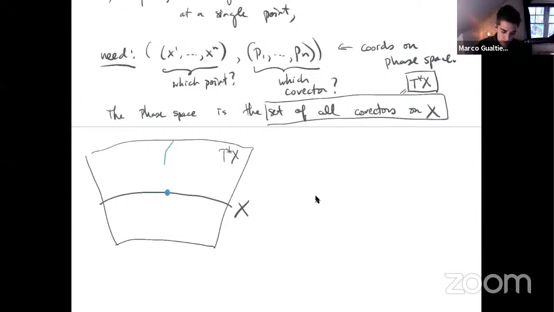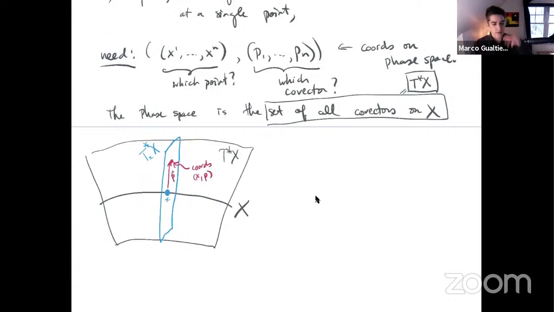And then for that point, there's a whole tangent space, or the dual of the tangent space. This is a point X. This is the tangent space at the point X, which, instead of drawing it as being actually geometrically tangent, I'm just drawing vertically to make more space. And this is really the dual space of that vector space. And in order to specify a point in here, this has coordinates X and P.